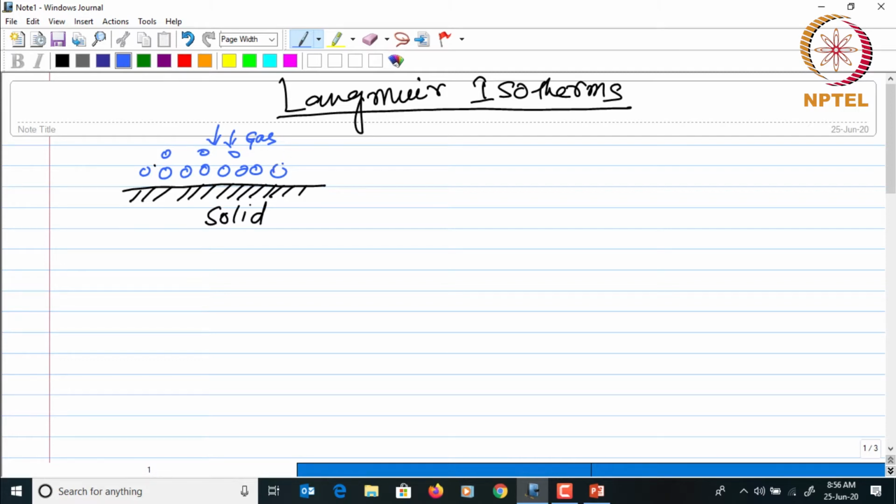So these gas molecules which are being adsorbed on the surface are known as the adsorbate, and the solid surface which is adsorbing them is known as the adsorbent.